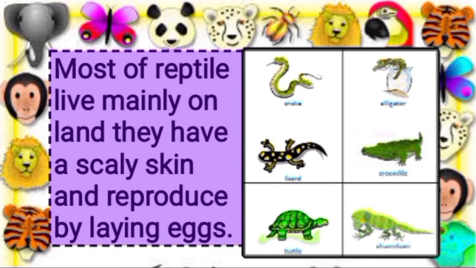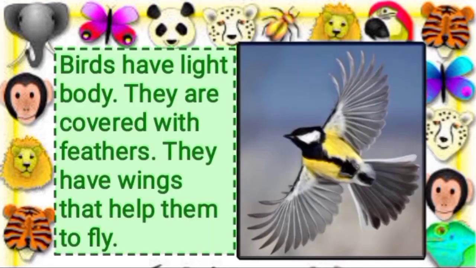Lizard, snake, and crocodile are reptiles, and they are cold-blooded animals, which means that their body temperature changes with the change in the temperature of their surrounding.